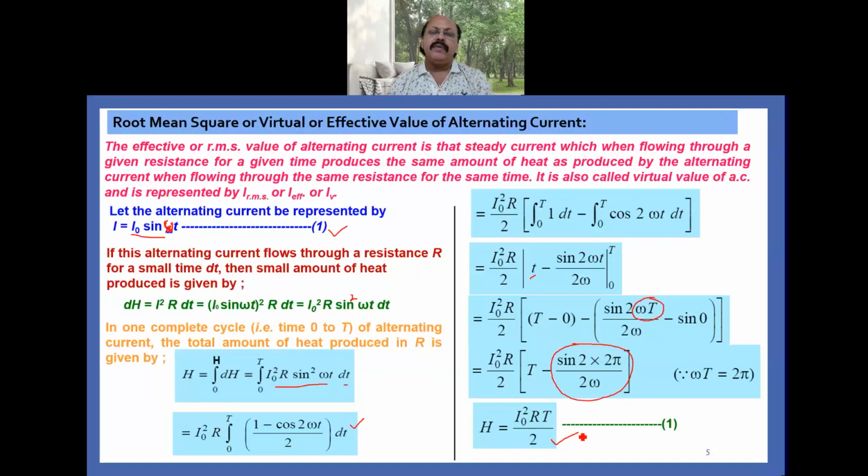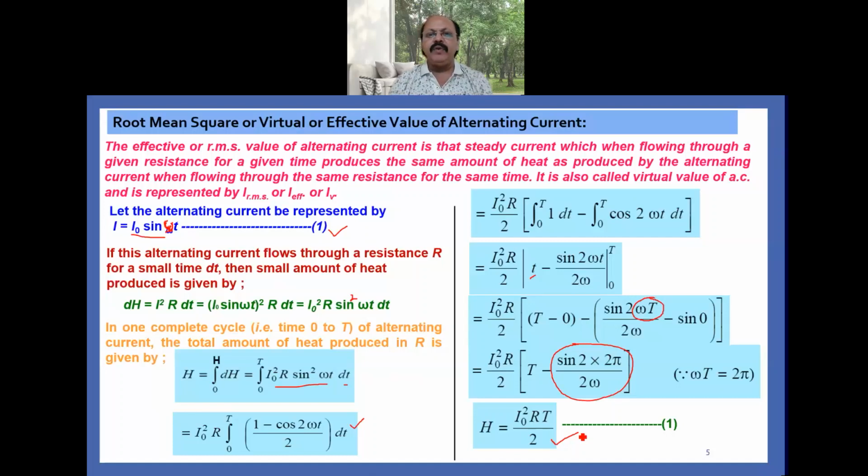Now from the first part of the definition, it is that steady current which flowing through the same resistance R produces the same amount of heat over one complete cycle, that is in the same time.